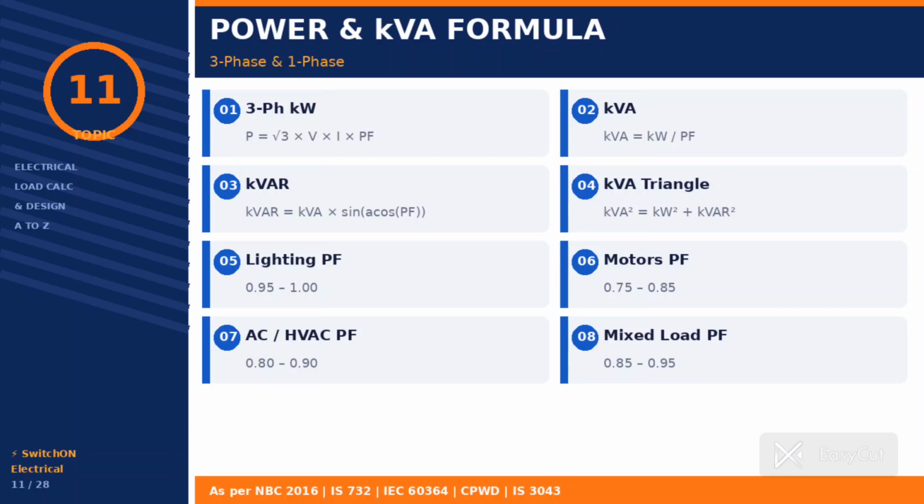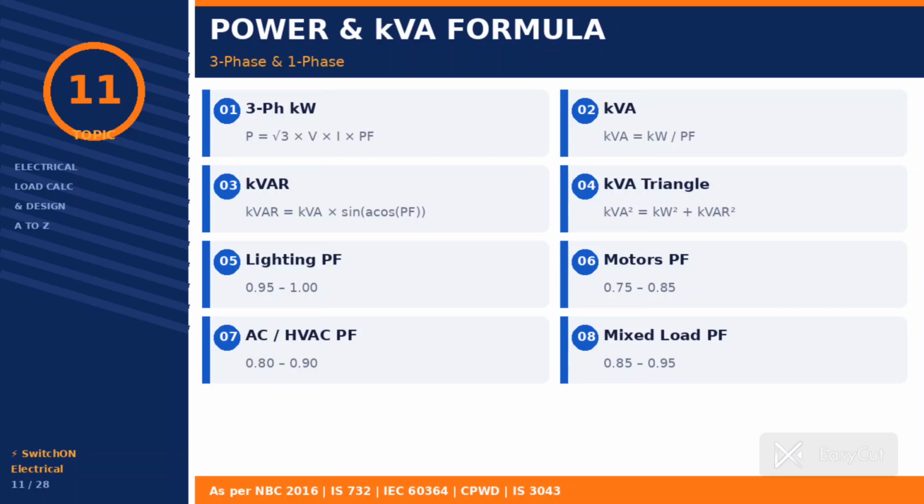In the kVA triangle, I have already told you that kVA is the apparent power. The formula will be kVA is equal to square root of kilowatt square plus kVAR square.